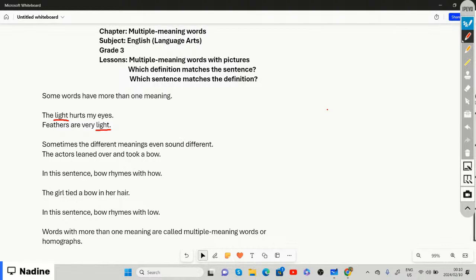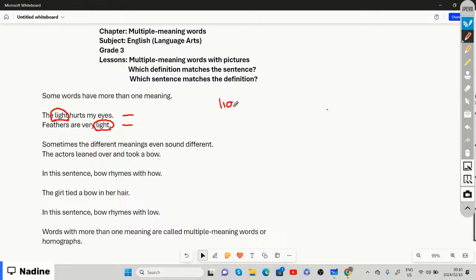The very first meaning is to do with switching the light on and off, whether it's a lamp or the light in the house. So that light is hurting somebody's eyes. And then we have another meaning which says feathers are very light, which is not to do with the lamp but with weight.